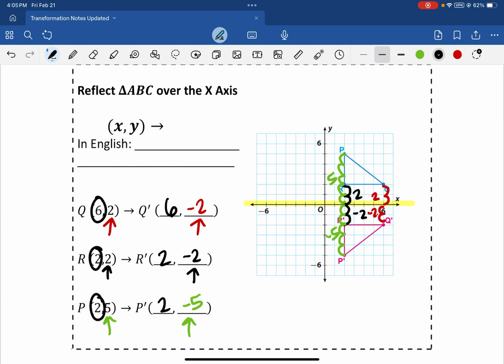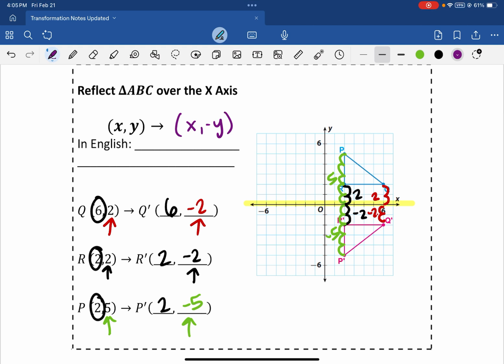Now let's write a rule for reflecting over the x-axis, and this works every single time. The rule is, let's see, I'm going to write it in purple. The rule is x comma negative y.